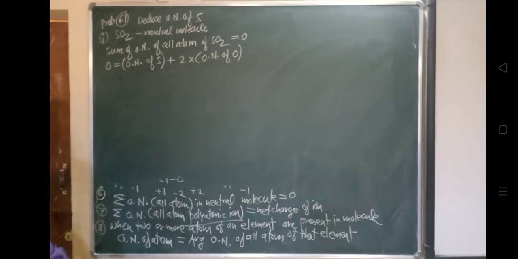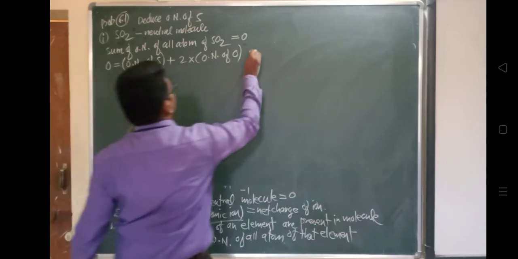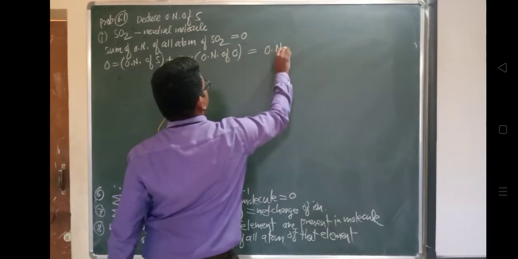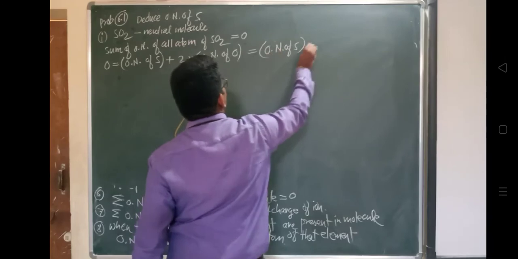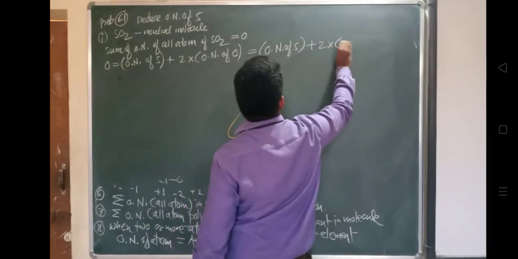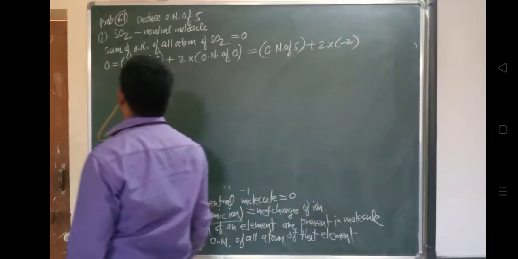So we can find out the oxidation number of sulfur. What is the oxidation number of oxygen? Here I write the oxidation number of sulfur that we have to calculate, plus 2 multiplied by the oxidation number of oxygen, which is -2.